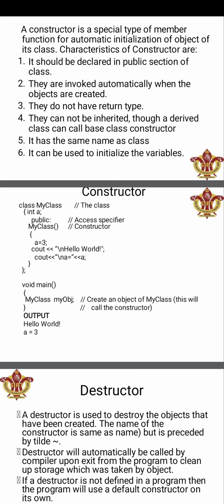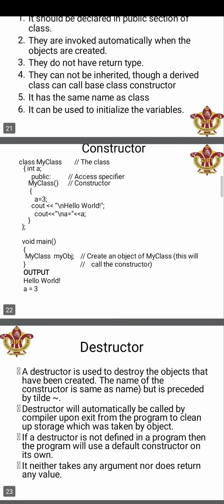So the constructor we have defined is my class, the same as that of the class. Then see property number 3: they do not have any return type. So in my class constructor, there is no return type. It can, however, contain certain arguments which can be passed here, because the constructor is also used to initialize the variables, property number 6.